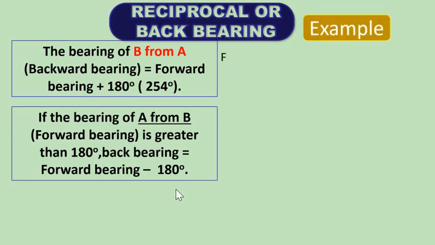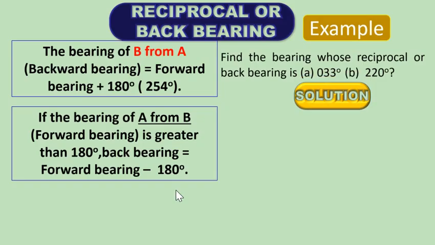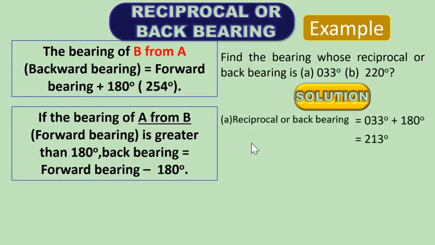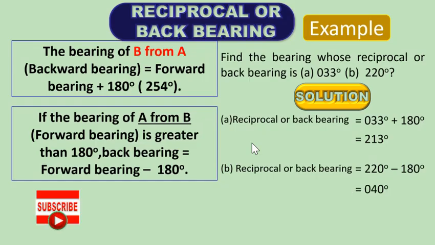So let's look at an example. The example says find a bearing whose reciprocal or back bearing is given. So now the reciprocal bearing is that, and then you add 180, you have that, and the other one is greater than 180, so you subtract 180.